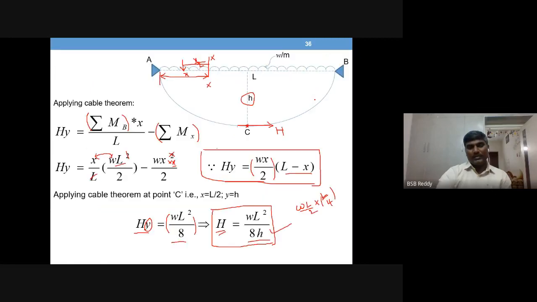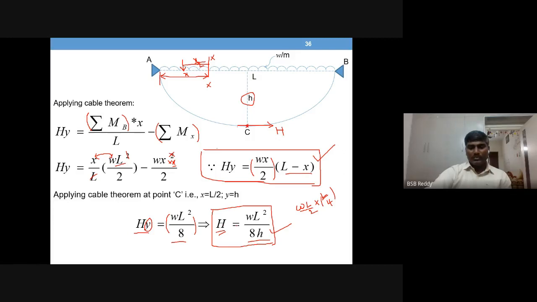Okay, right. So to do that, what we have done, we have applied the cable theorem for the cable at some section X. We got this expression. Then we have applied the same theorem at the C. Then we have got H value.